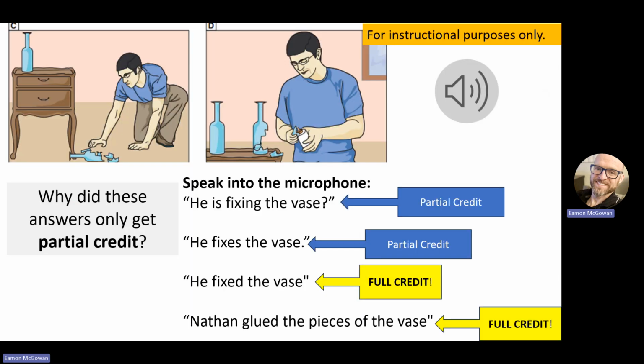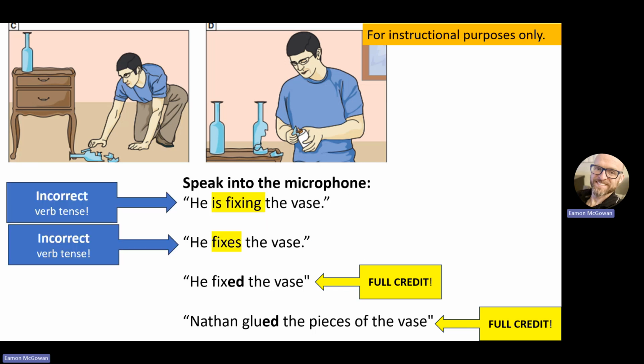So you can see here, they will get partial credit for something like he is fixing the vase. He fixes the vase. The student will get full credit for he fixed the vase or Nathan glued the pieces. There we got the plural, pieces of the vase. So verb tense does matter.